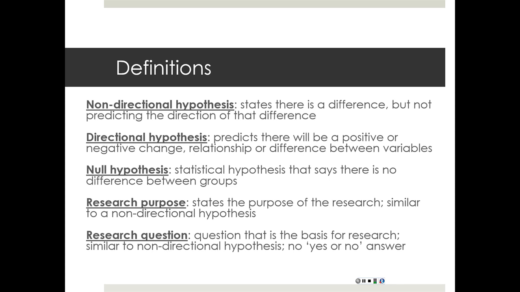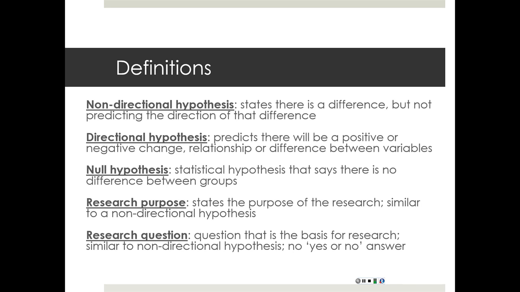As you can see, a non-directional hypothesis states there is a difference, but does not predict the direction of that difference. A directional hypothesis predicts there will be a positive or negative change, relationship, or difference between the variables. The null hypothesis says there will be no difference between the two variables or groups.